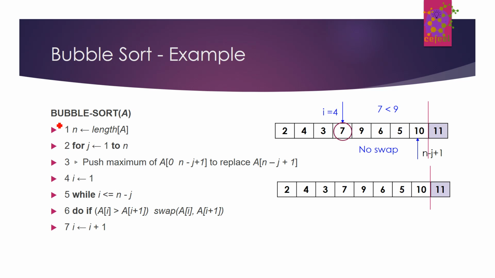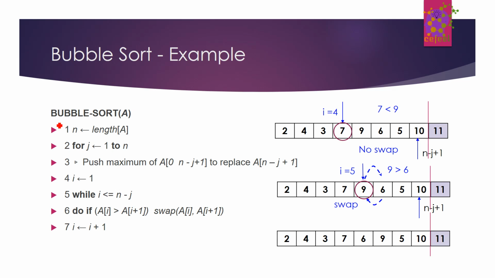So there is no need of swap, and we just increment I in step 7 and I points to 5, the fifth element, which is 9. Now we again go to step 6 where we compare AI with AI plus 1, but 9 is greater than 6, so we need a swap here. So 9 and 6 will be swapped, which means 9 will now move to the 6th position, and we increment I to 6.